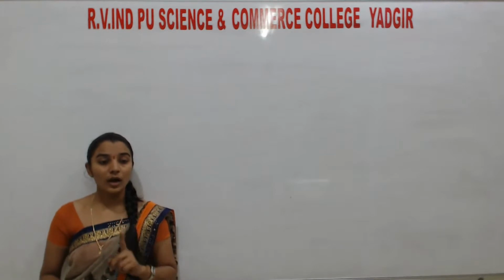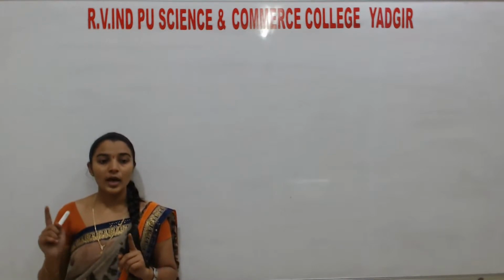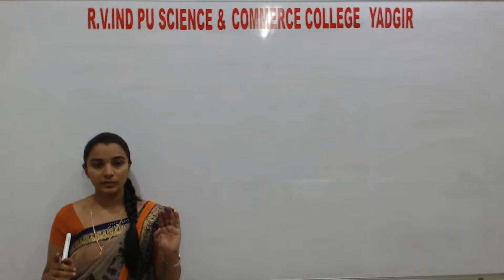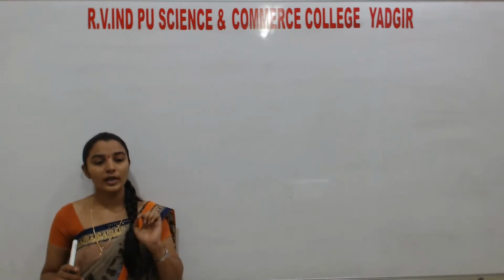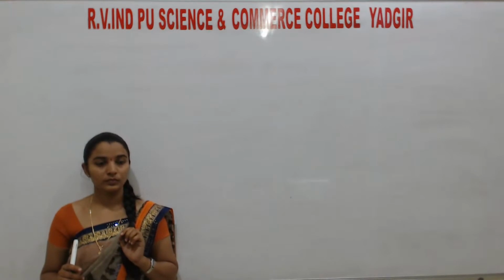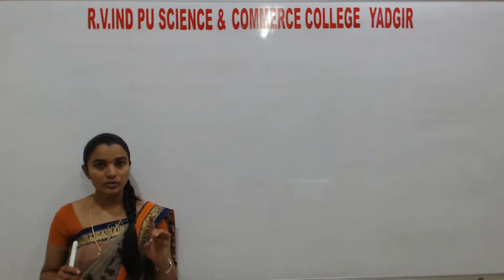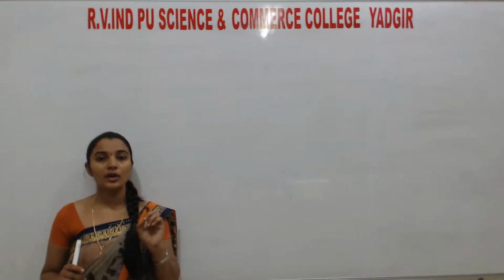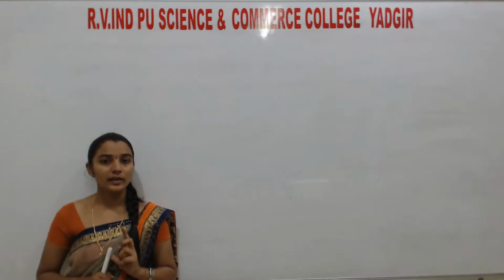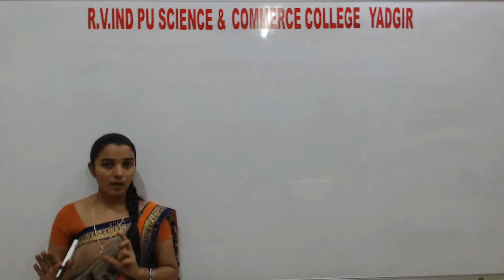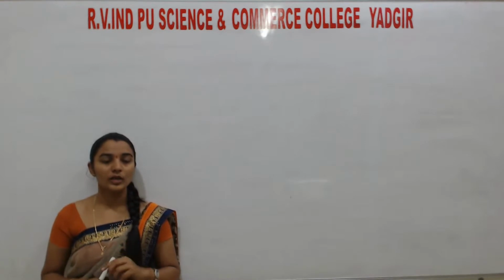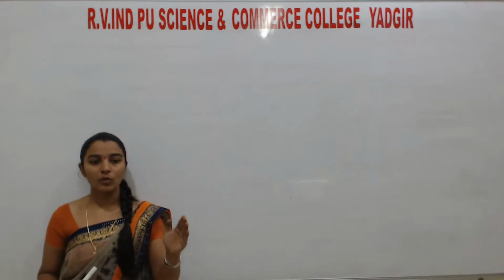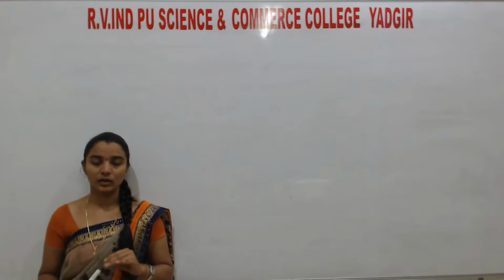What is alicyclic? What is aromatic? Alicyclic means cyclic compounds which show the properties of aliphatic compounds. The cyclic compounds which don't show the properties of aliphatic compounds are aromatic compounds. Then there are two types: homocyclic and heterocyclic.